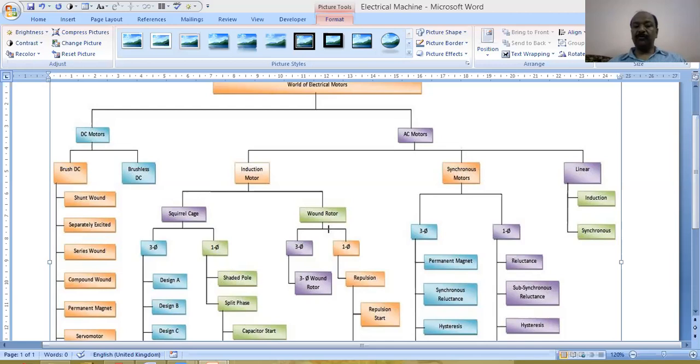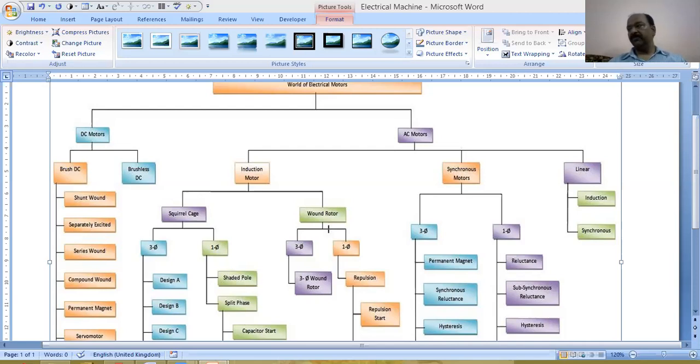If all three windings are there within the system, a series winding, a shunt winding, and a stator winding, then this type of connection is a compound motor. So compound wound has all three windings, and automatically there are multiple types of combinations.